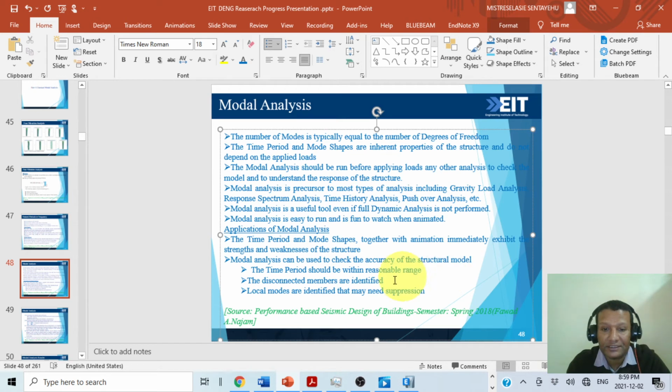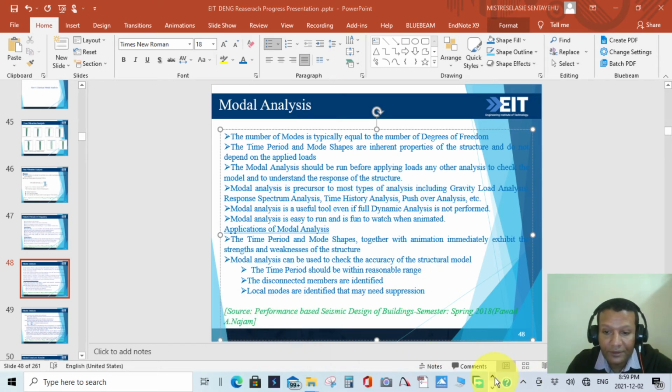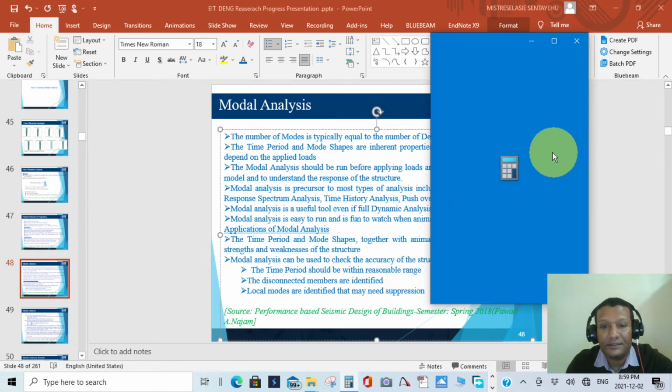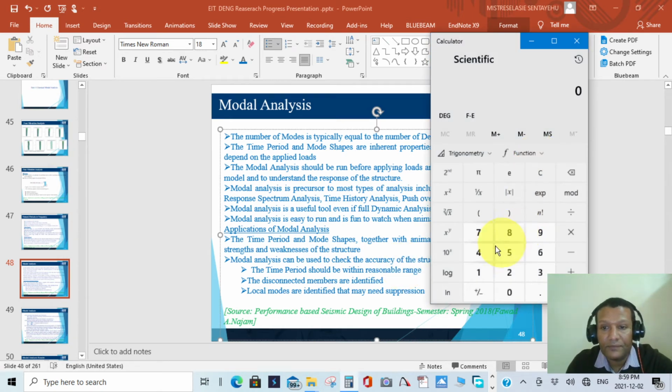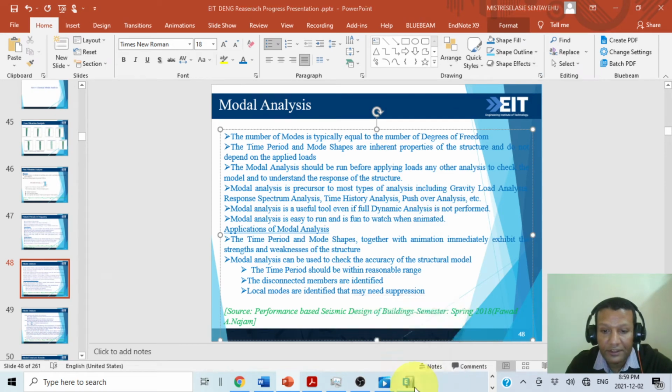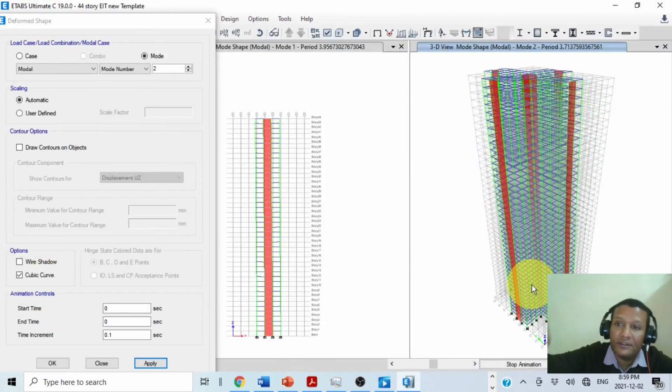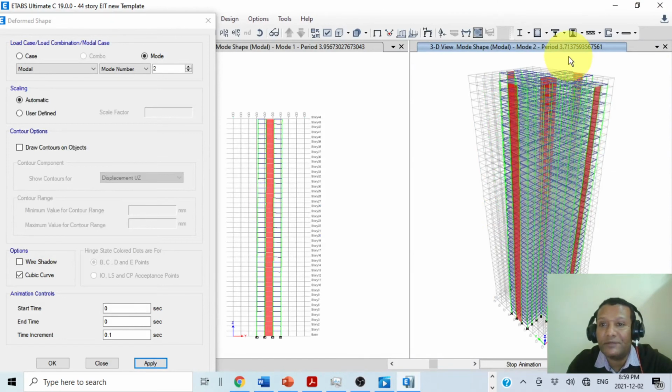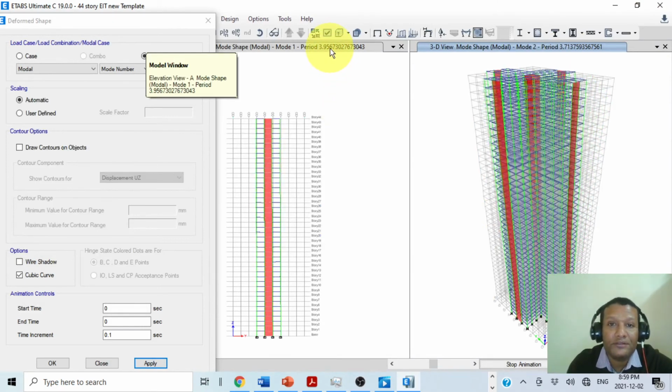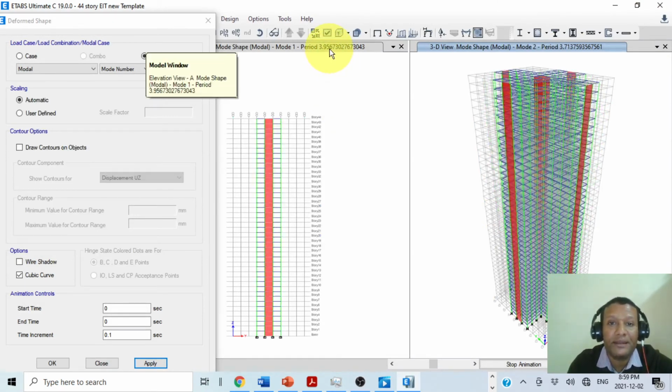For example, we have a 44-story building, so 44 times 0.1 is 4.4. The fundamental time is 4.4. But if you go here, you see the second mode is around 3.7 and the first mode is 3.95, so the period is around that.